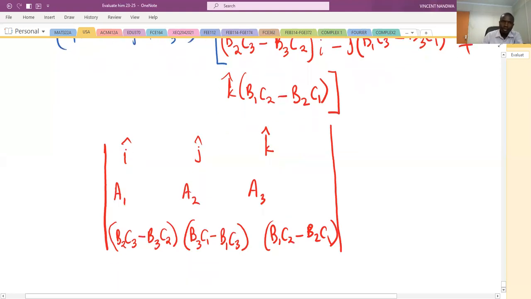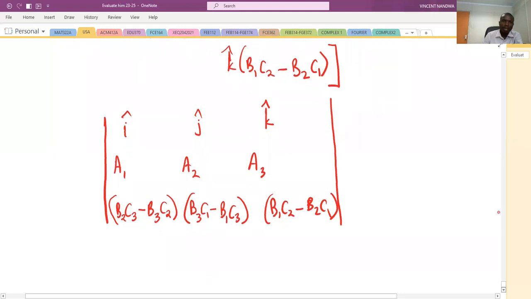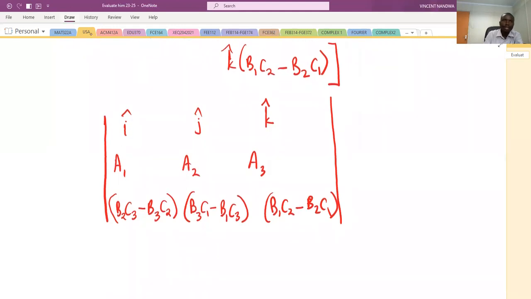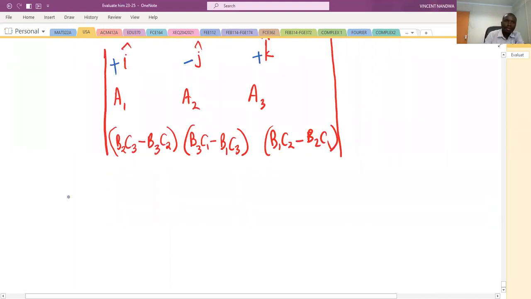So this, we get its determinant in the usual way by cofactor expansion. This plus, this minus, this plus. So we'll have i times A2 into brackets B1C2 minus B2C1, negative.